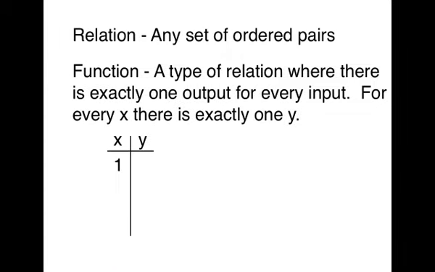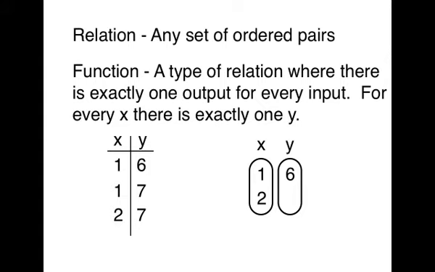Here's another example. Now in this case, you'll notice that the x values repeat. So what this is saying is if you call one phone number, sometimes you'll get 6, sometimes you'll get 7. Well, that's not going to work for a phone, because if sometimes you call and you get your best friend on the phone, and other times you call and you get Mr. Gore on the phone, you're not going to be happy.